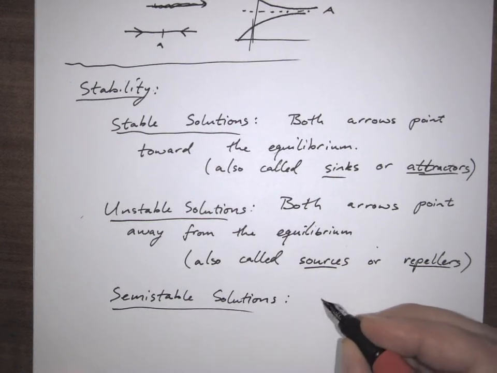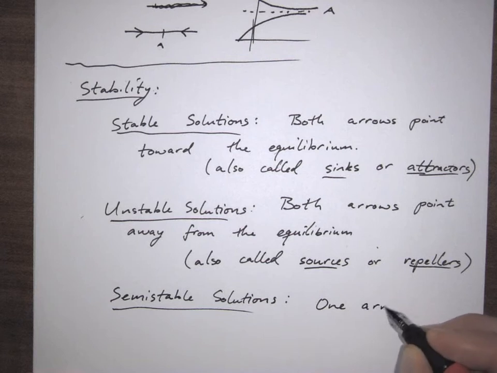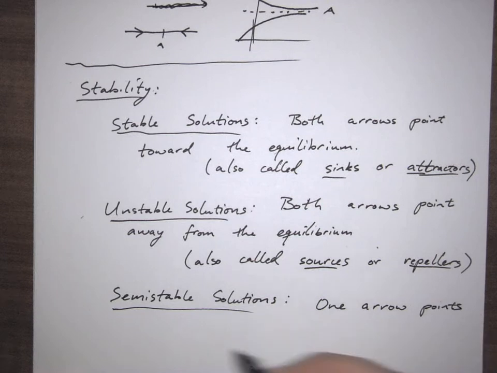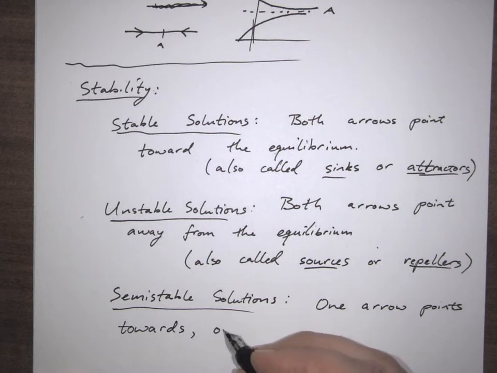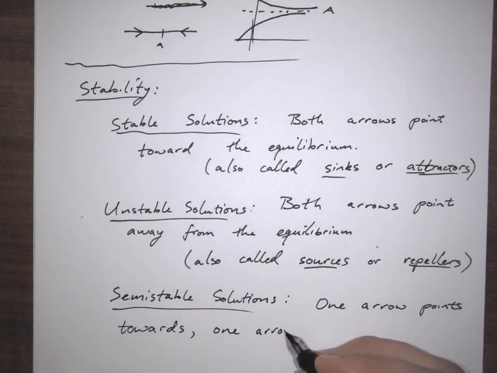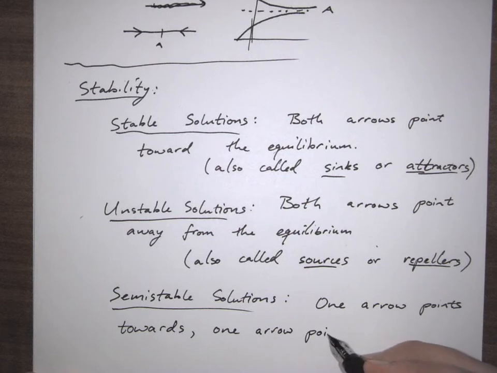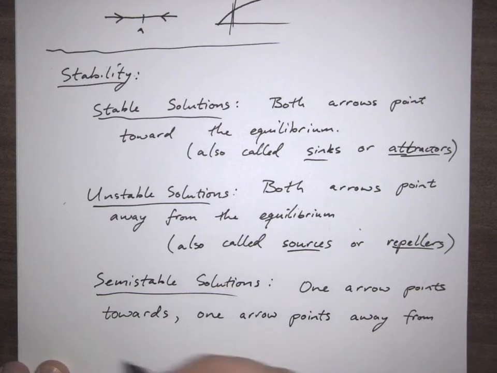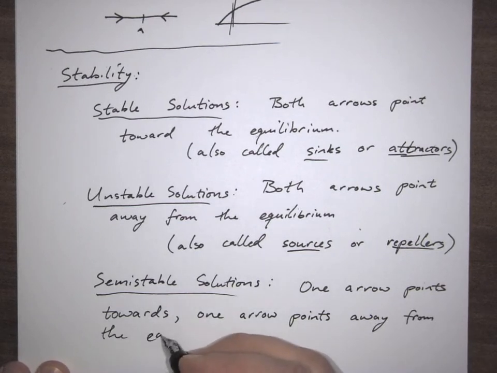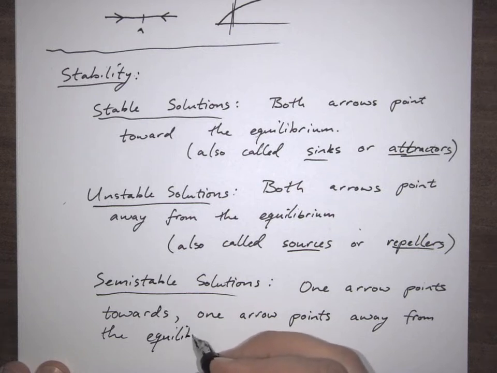And this is where one arrow points towards, one arrow points away from the equilibrium.